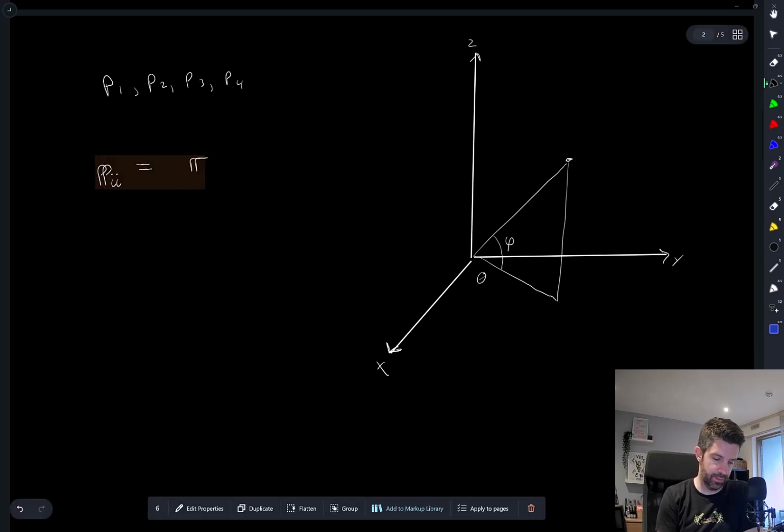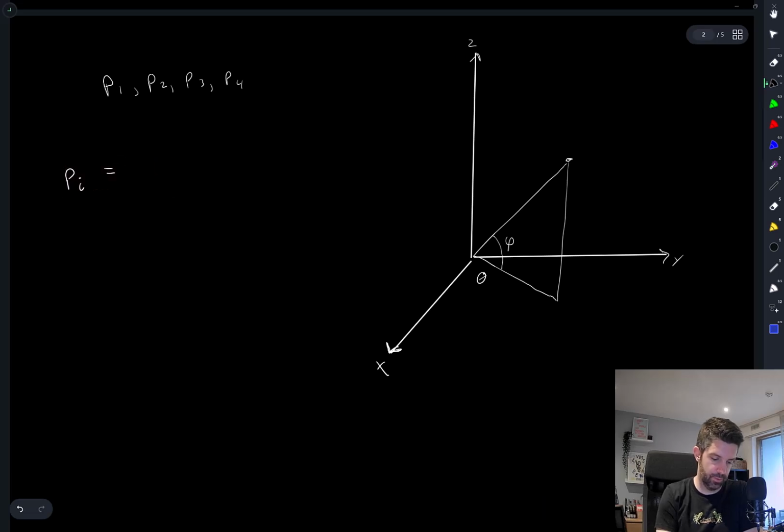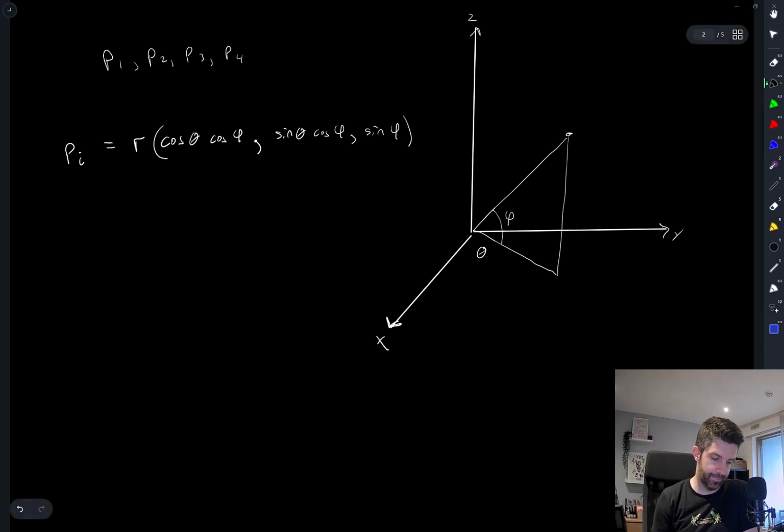So an arbitrary point in polar coordinates, r times, okay.